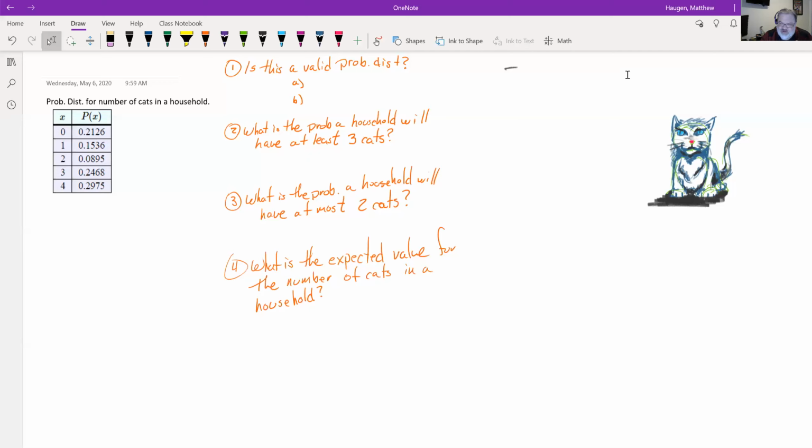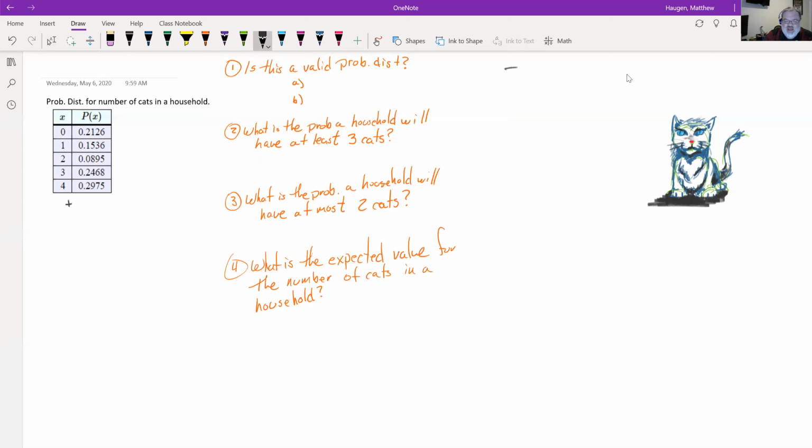But 2 things had to be true for a probability distribution to be valid. Anybody want to remind us what those 2 things were? Alan, you said it had to equal 1. I would say what has to equal 1 is the sum of all those probabilities.